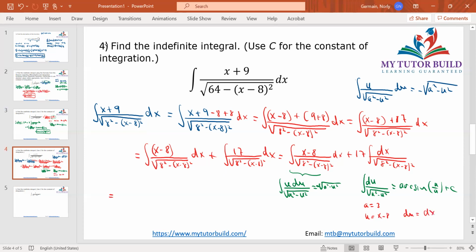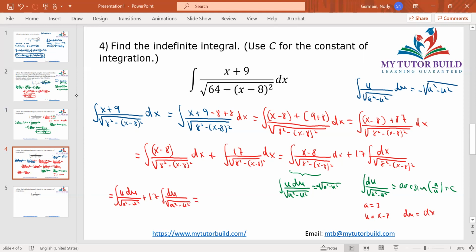Now, you see from these expressions, for the first one, it would be u du over square root of a square minus u square plus 17 dx over, sorry, we need to add du because dx is du. So we're going to have du over square root of a square minus u square.